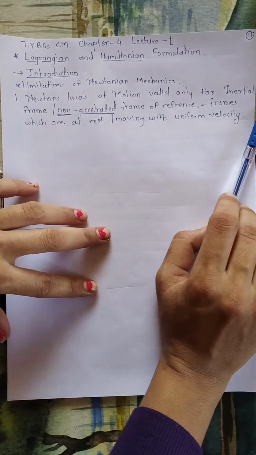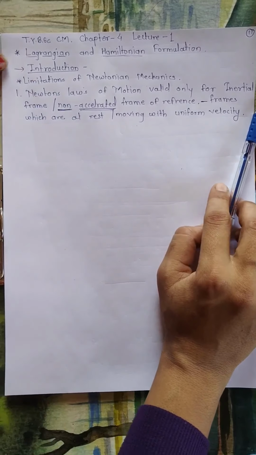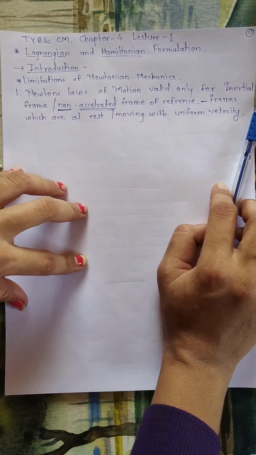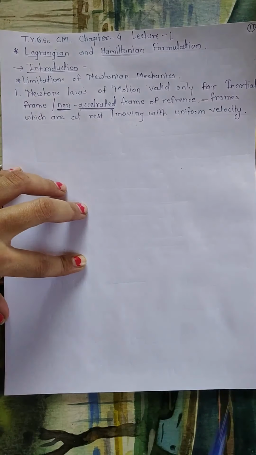For example, if we take the Earth as a frame of reference, a frame attached to Earth is non-inertial as Earth is rotating around its own axis. Means the motion of any object with respect to Earth is a motion in a non-inertial frame, that is, an accelerated frame. So in an accelerated frame, why are Newton's laws not valid?